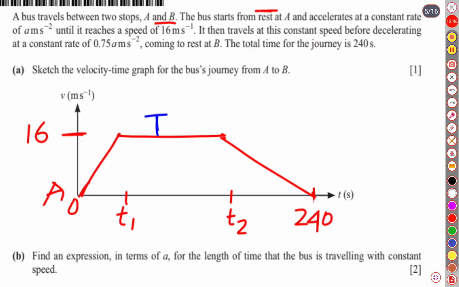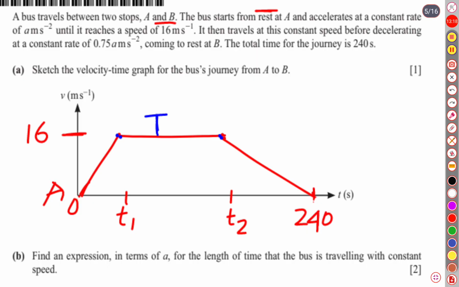Well, let's see question B. B says find an expression in terms of A for the length of time that the bus is traveling with constant speed. That means they have told us to find this distance starting from here to here. That means T. We will find T. For finding the time, we can apply the concept of the SUVAT formula, and in this case, initial and final velocities in both cases are known to us.